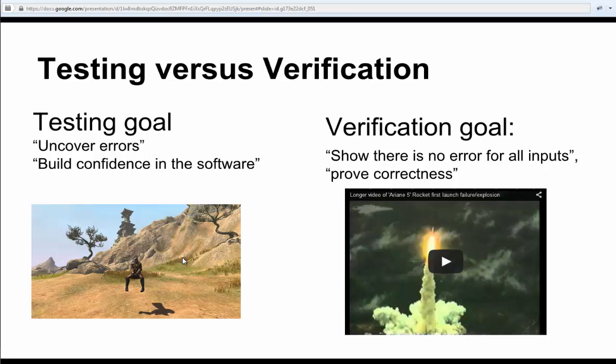So we check all inputs. We make exhaustive testing, or at least we do something that is almost similar to that. So there we want to prove correctness. Correctness means that we have implemented all the requirements and they give the correct output for each input.